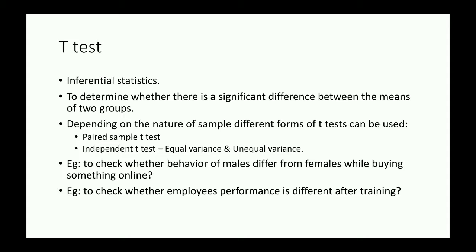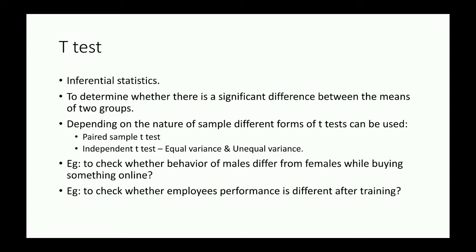However, when we talk about the independent sample t-test, it means the two groups or the two samples which you are going to compare are independent of each other, different from each other. They are two different categories. The example can be when we are checking the differences between male and female, or between migrant workers and native workers.